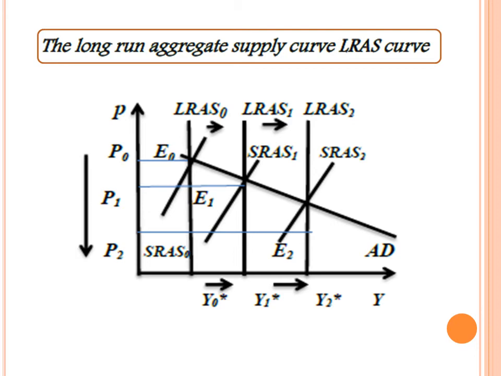We can call it the classical aggregate supply curve, but it is totally different from the vertical shape of the SRAS curve.